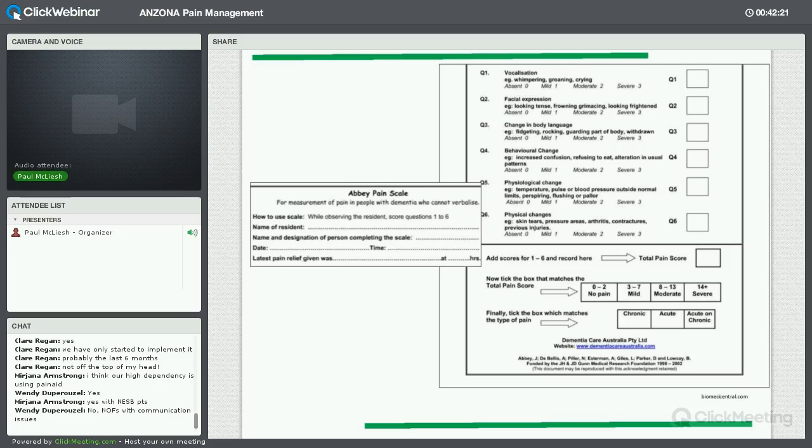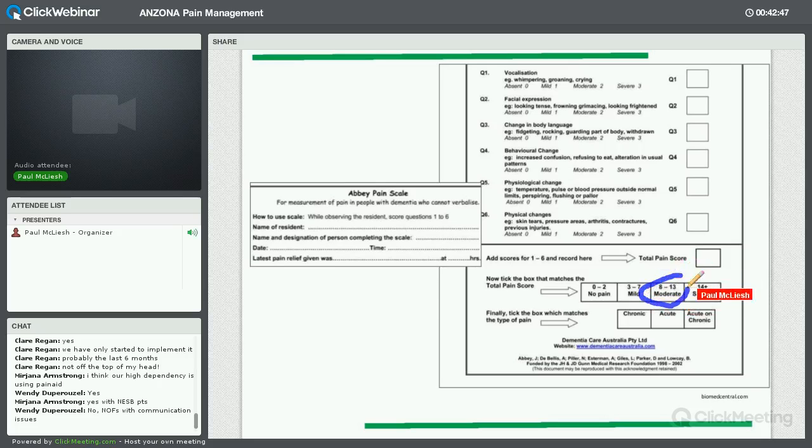Is there behavioural changes? Are they refusing to eat? Are they hitting out? Is there changes in things like temperature or pulse or blood pressure outside the normal limits, or is there some flushing or pallor? Physical changes, do they have pressure ulcers, or do they have contractures or fractures, all making their pain worse as well.